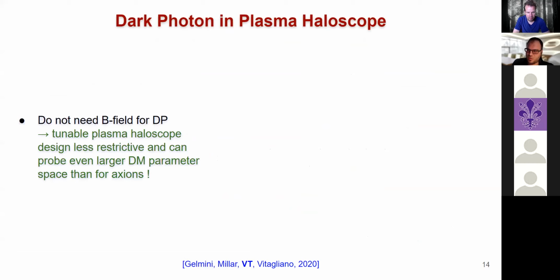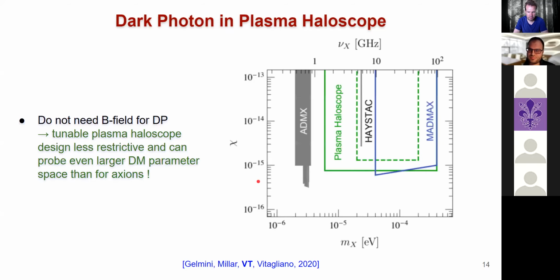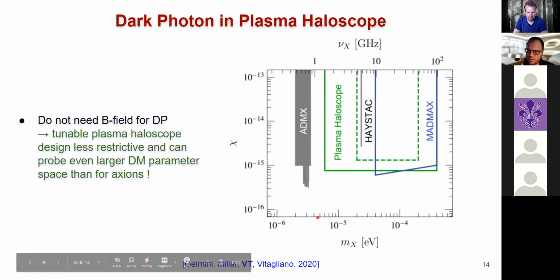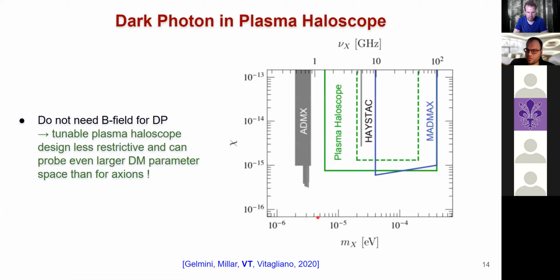So all these things need to be combined. But once you do not need a B field throughout the volume that you consider, this is significantly less restrictive. And so, in fact, the parameter space that you can probe, as we showed, could in principle be quite sizably bigger for dark photons with these tunable plasma haloscopes than originally proposed for the axions.